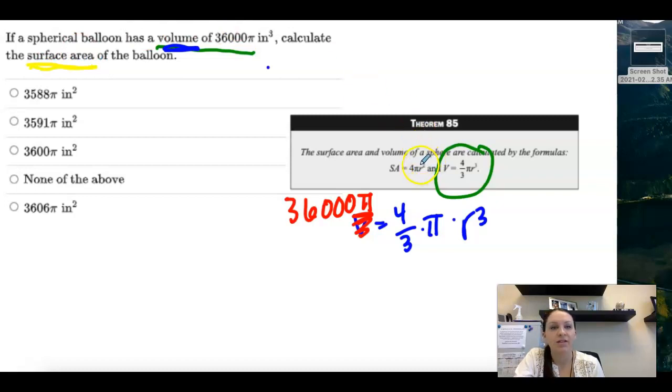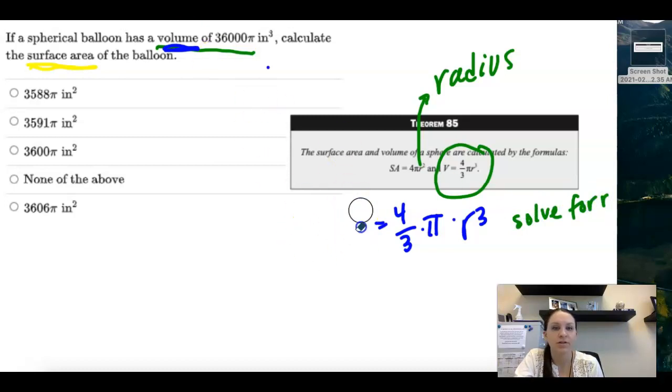So remember, to find the surface area, we need to know what the radius is. So we're going to use this equation and solve for the radius. So I'm just going to rewrite this so it's a little easier to see. Okay, now I want to get r by itself.